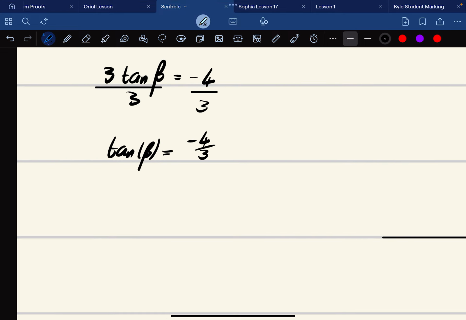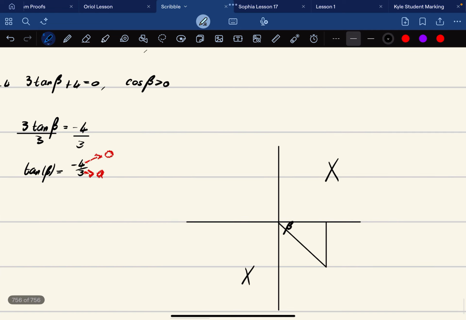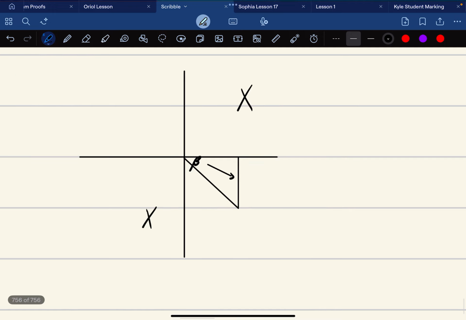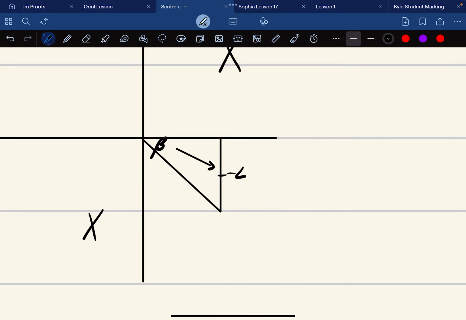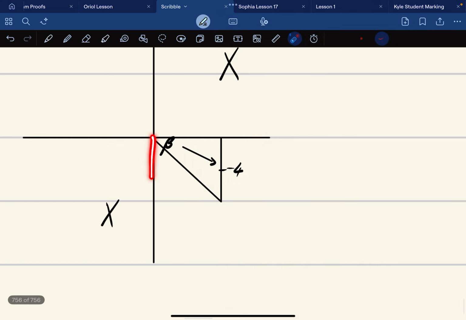Tan is opposite over adjacent. Let me just draw arrows there. Opposite over adjacent. So our opposite is equal to -4, which makes sense, right? Because this is below the y-axis.